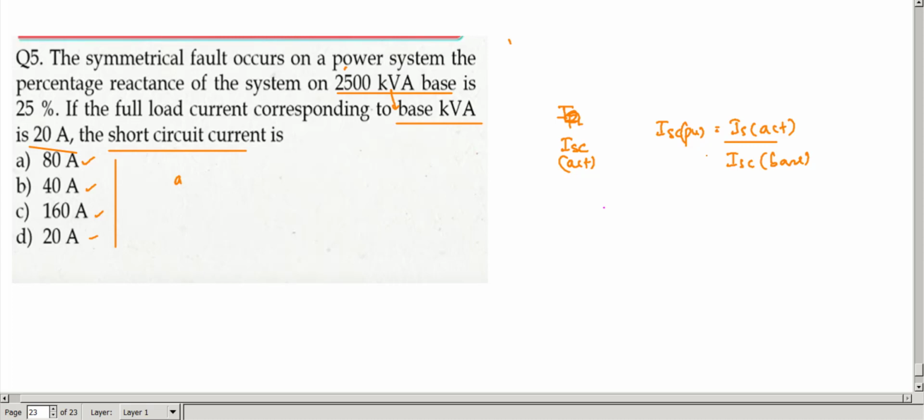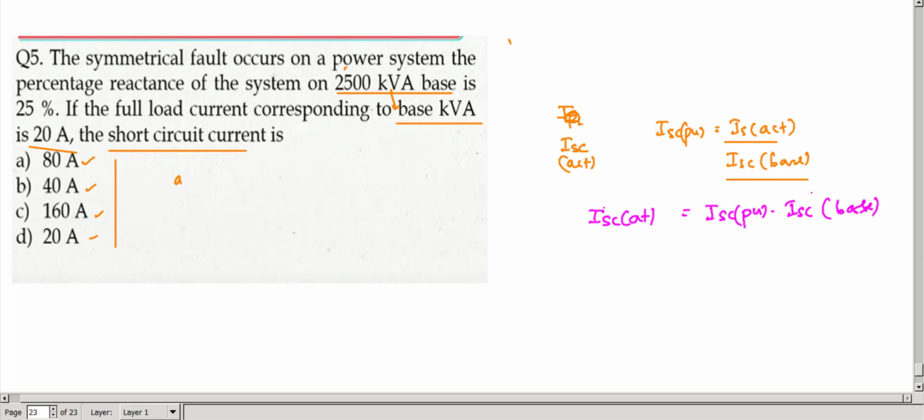Okay, so corresponding to the base value I want to find the short circuit current. If I find the short circuit current corresponding to the base value, I can get ISC actual, which equals ISC per unit into ISC base. Hope you understand.